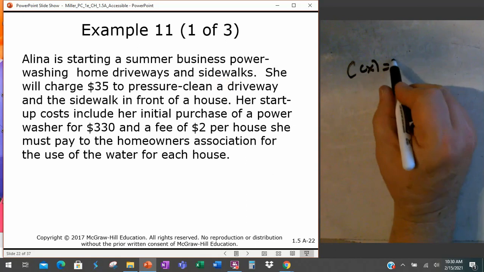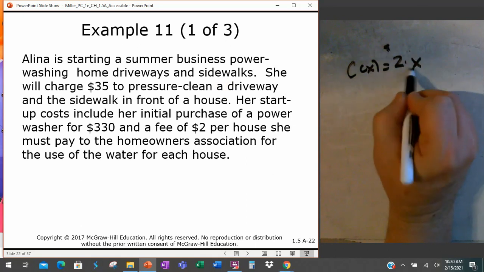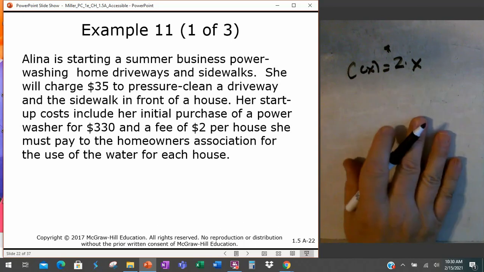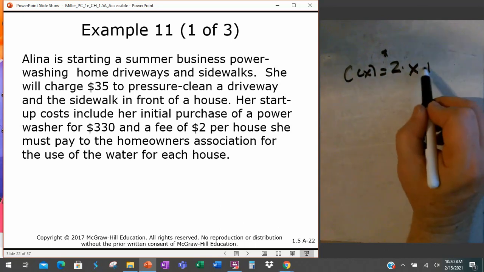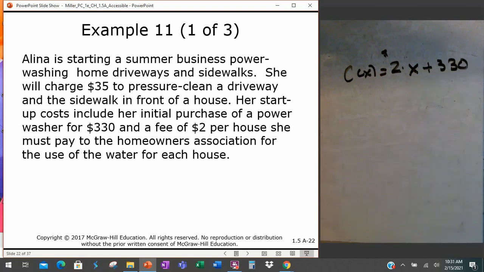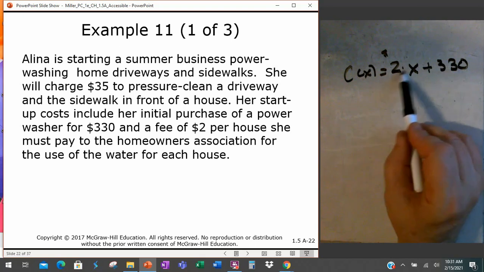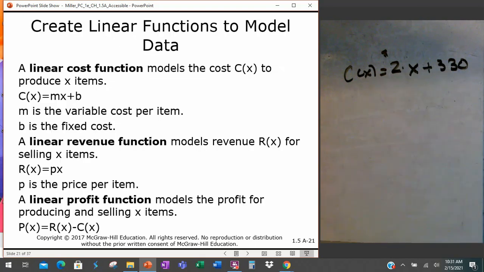So she must pay $2 times X number of homes. But then she's got her original cost of $330. She's just opening up her business. This was her fixed cost, and here was an additional cost for each one. So that's her cost function.